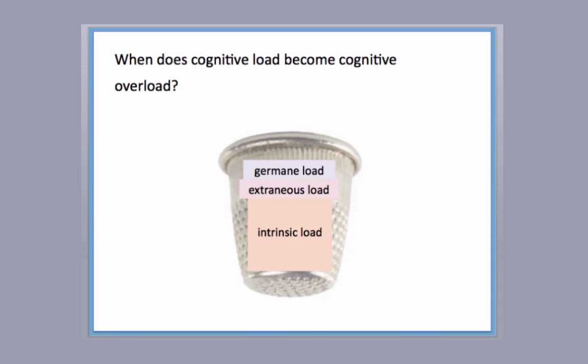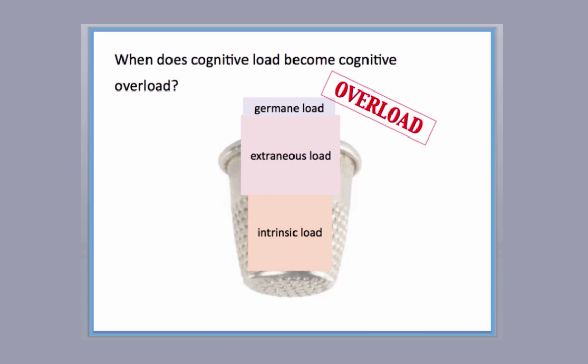Paraphrasing a sonnet is not easy work, so there's likely to be quite a bit of intrinsic load, but that can be okay. A problem arises, however, if there's too much extraneous load and the total amount of load starts to exceed the learner's total working memory capacity, going over the limit.